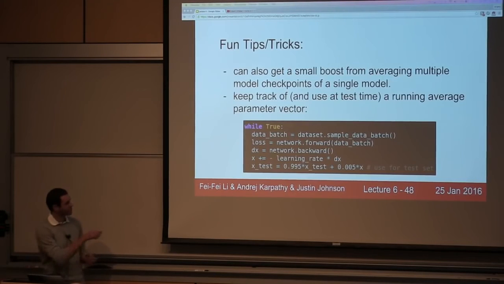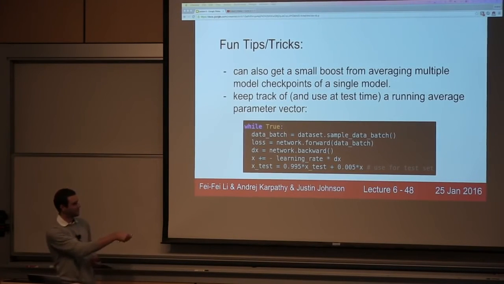Related to that, there's a trick for test time. What's happening here are the 4 steps that we've seen before. I'm keeping another set of parameters here, x_test. This x_test is a running sum, exponentially decaying, of my actual parameter vector x. When I use x_test on validation or test data, it turns out that this almost always performs slightly better than using x alone. So this is kind of doing a small, weighted ensemble of the previous few parameter vectors.